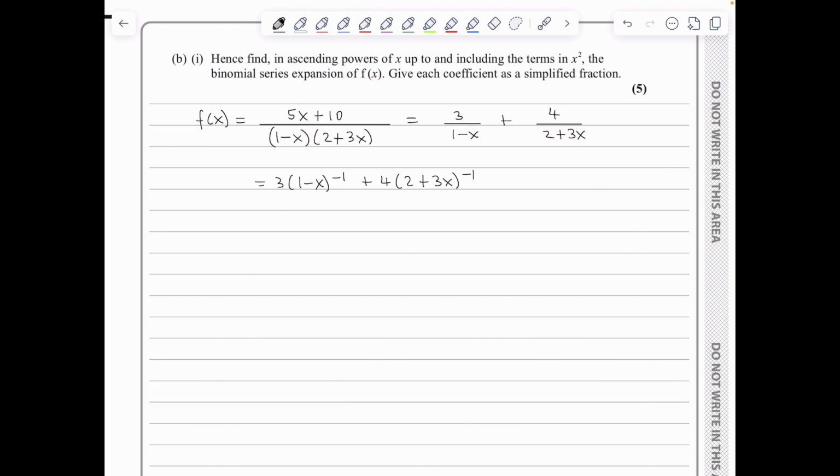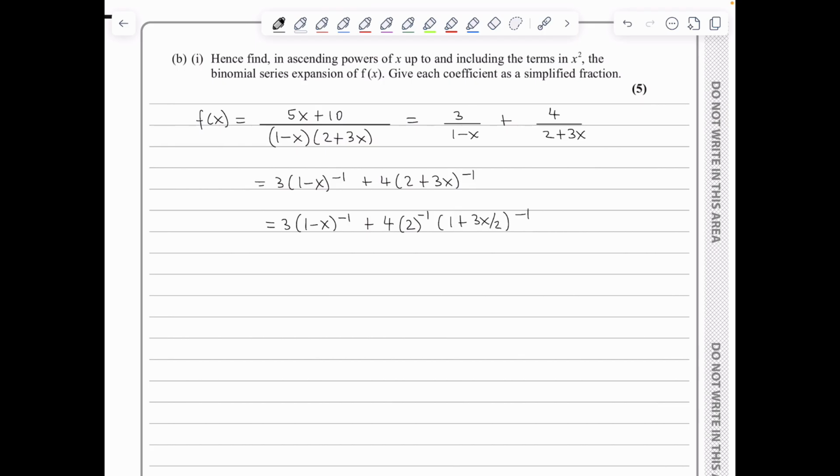Now, in order to proceed with the binomial expansion, I always need to be in the form of 1 plus or minus something to the power of n. Obviously, 1 - x satisfies this particular form. However, the 2 + 3x does not. So we're looking at 3 times (1 - x) to the minus 1 plus 4, and I'm factoring out the 2, and it inherits the power of negative 1. And within the bracket, I'm dividing everything by 2. So we're looking at (1 + 3x over 2) to the power of negative 1.